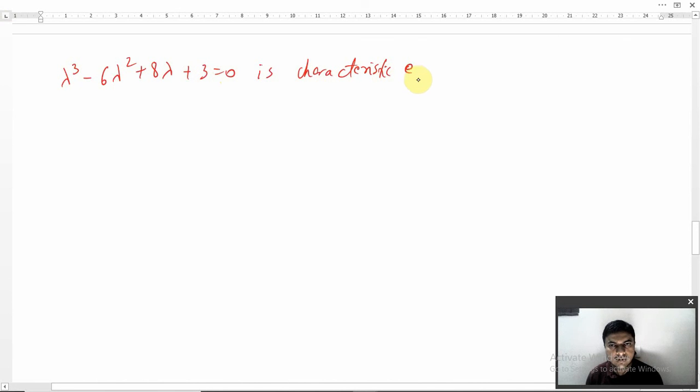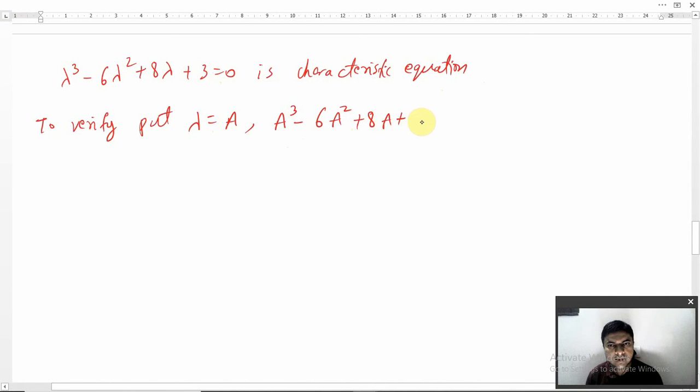So when you get the characteristic equation, immediately you are going to verify. To verify, we have to put lambda is equal to A. So what we will get is A cube minus 6A square plus 8A plus 3.